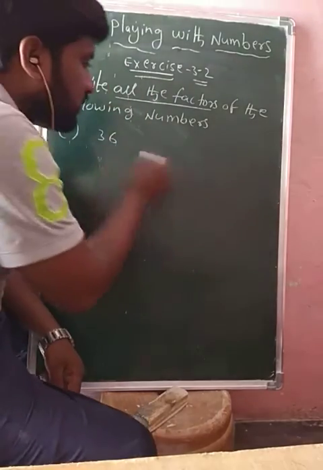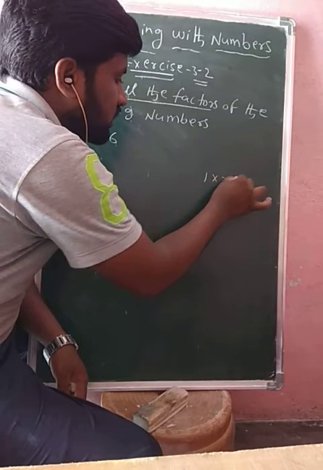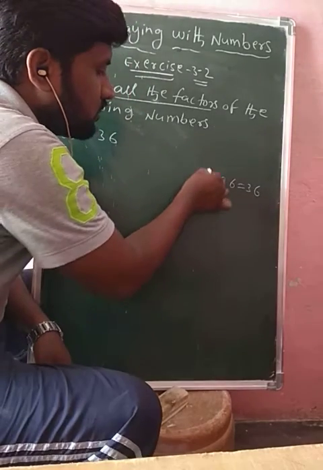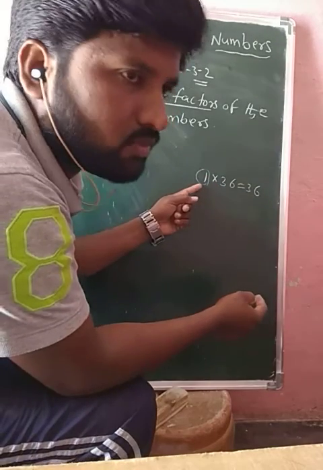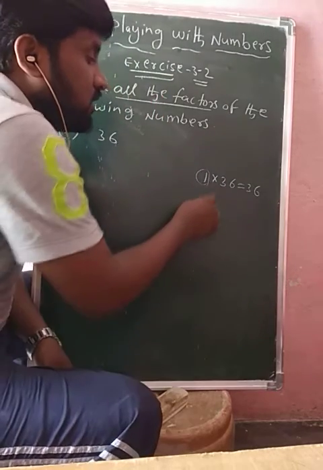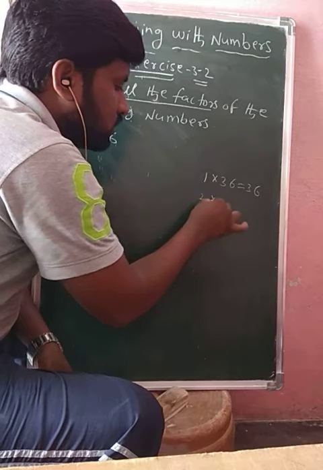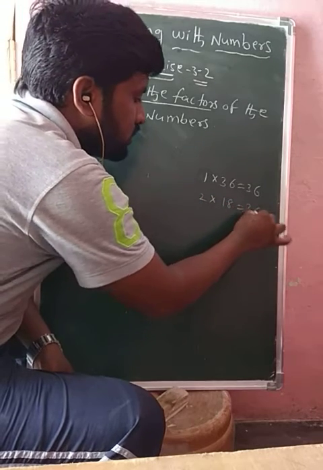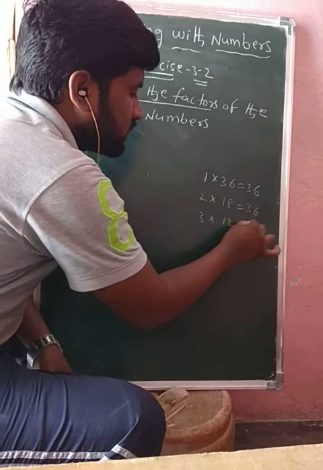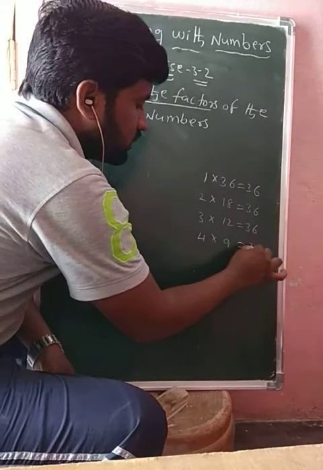So like that, what are the factors of 36? We know 1 is a universal factor, and it is a factor of every number. 1 36 is 36, 2 18s are 36, 3 12s are 36, 4 9s are 36.